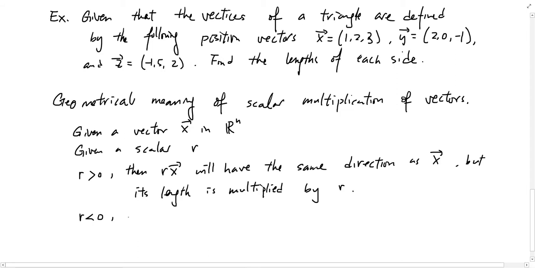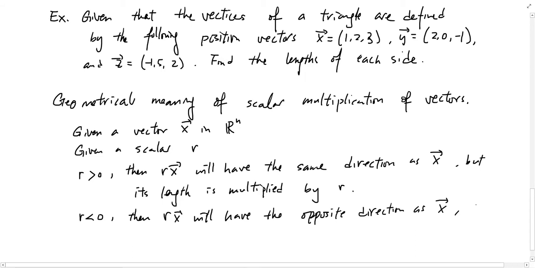If r is less than 0, meaning r is negative, then r times vector x will have the opposite direction of vector x because of the negative involved, but its length is multiplied by the absolute value of r.